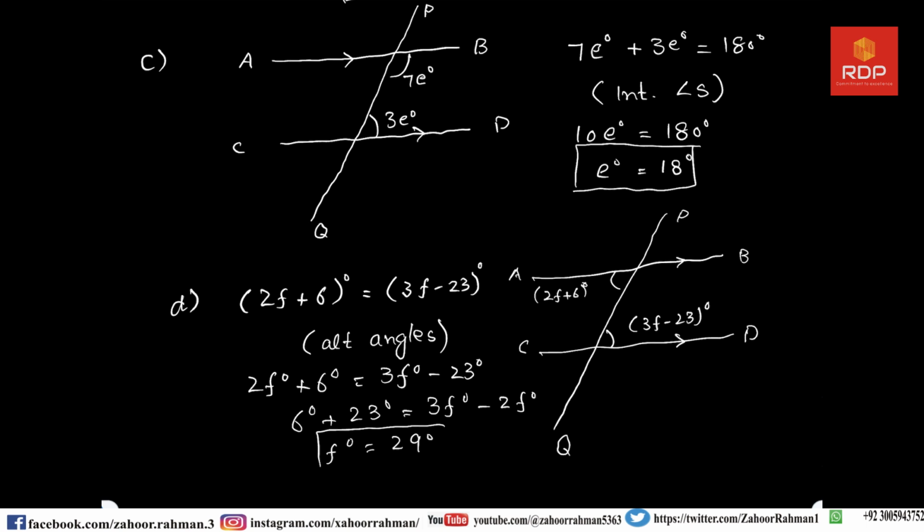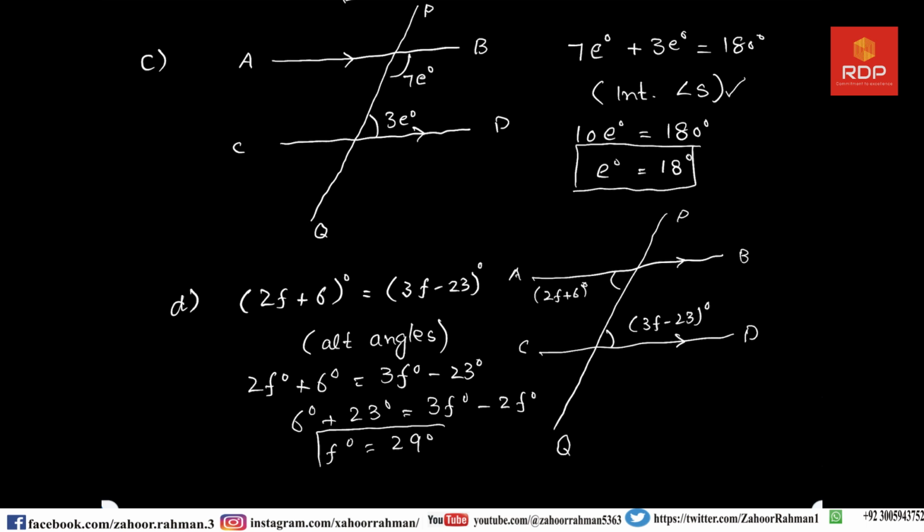7e degree plus 3e degree is equal to 180 degree, and because of the theorem of interior angles, the rest is super easy. 7e degree plus 3e degree means 10e degree is equal to 180 degree, and e degree is equal to 18 by dividing both sides by 10.